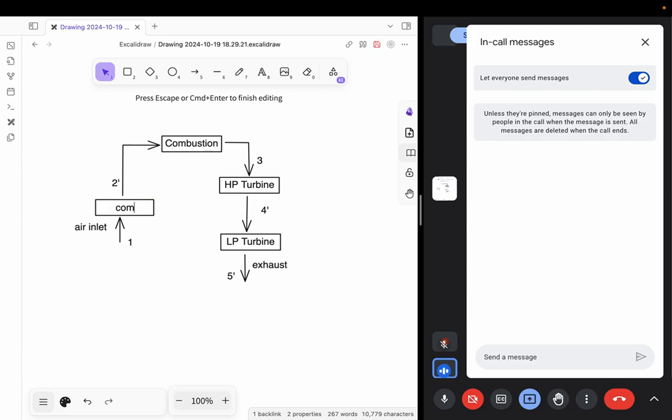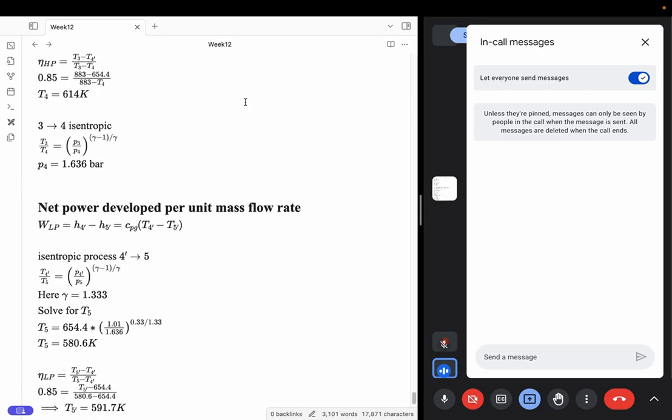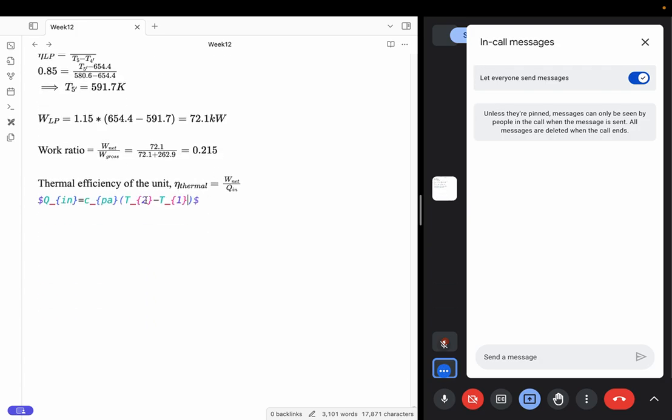This is your compressor. So what is happening in the combustion is from 2 prime to 3. So this will be 3 minus 2 prime. CPA we already know, 1.005, times T3 minus T2 prime.